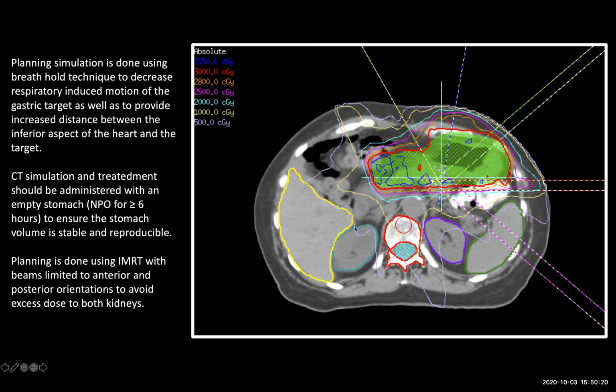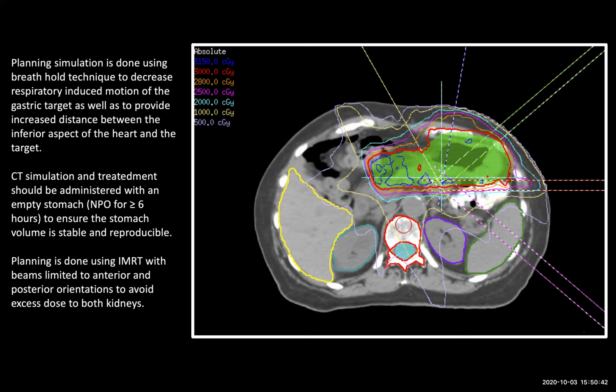As you can see, it is achievable to aim for a 5 gray to be off most of the kidneys. We do the same thing with the spleen, because whenever you include the spleen, even in a low dose of radiation, more than 9 gray, you end up with a lymphopenia.